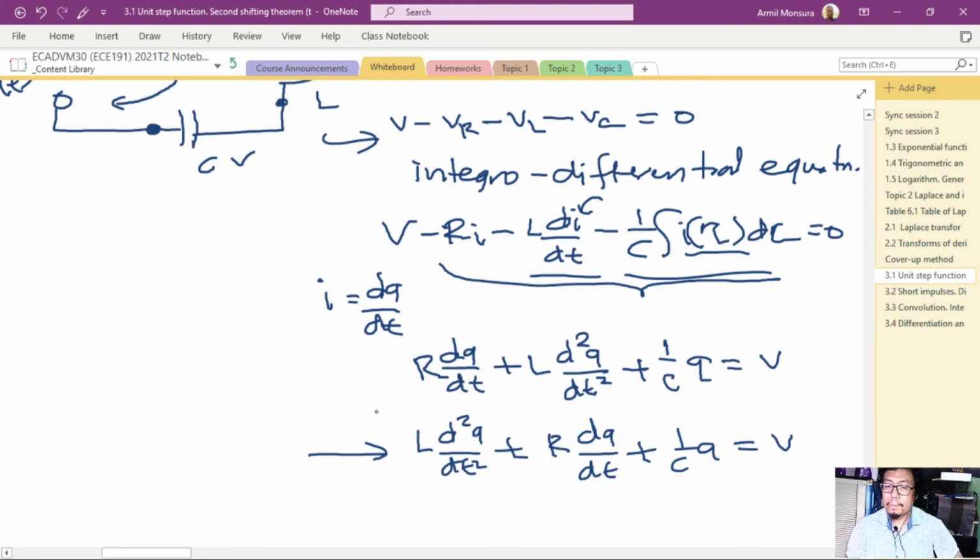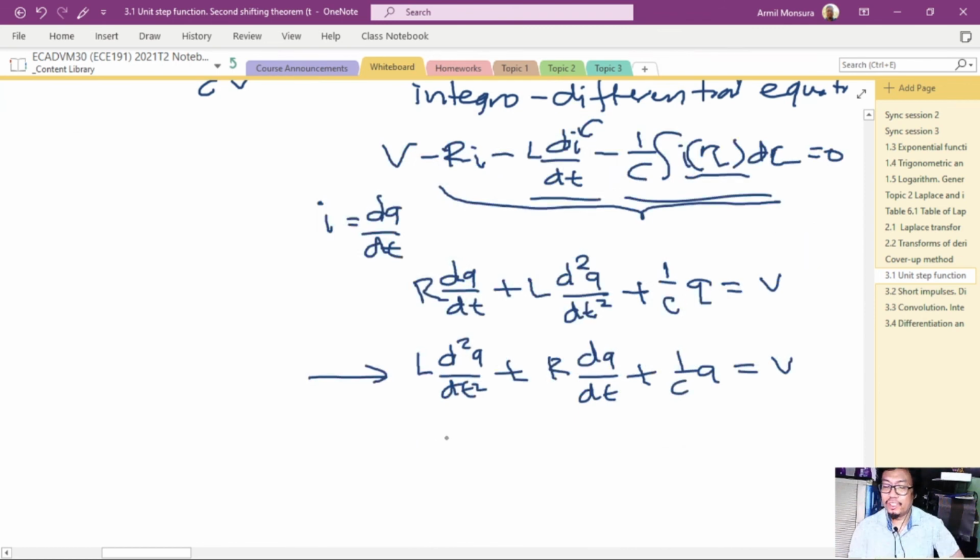But just remember that if you solve this equation, you would be solving for q of t. And to be able to find I, you need to find the derivative of this with respect to time, so that becomes I.